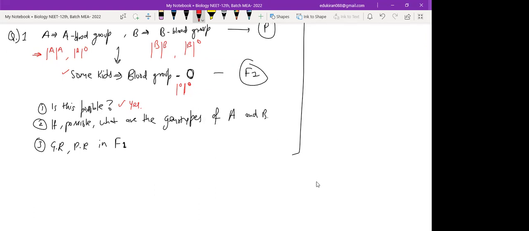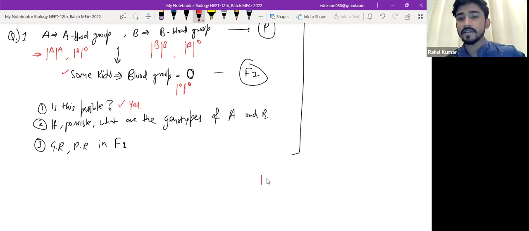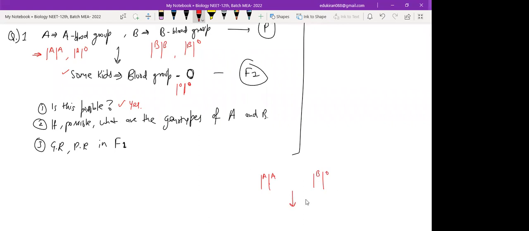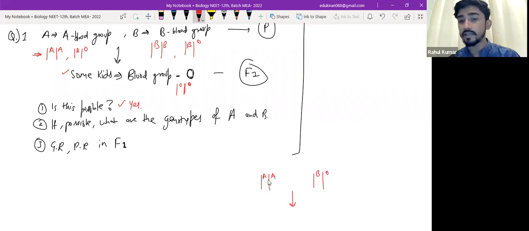No, right? Everyone understands? If I say one parent is IA IA and the other parent is IB IO, is there a possibility that any kid can be O blood group? No, because this parent will always give A. Even if the other parent gives O, the blood group will be A only, right?